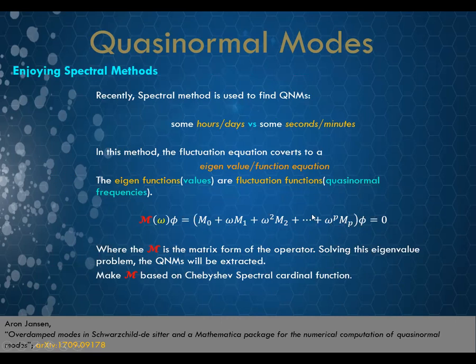When you construct this form, you can write that M0 acting on phi, for example, equals minus omega M1 acting on phi. Then omega is the eigenvalue and phi is the eigenfunction.